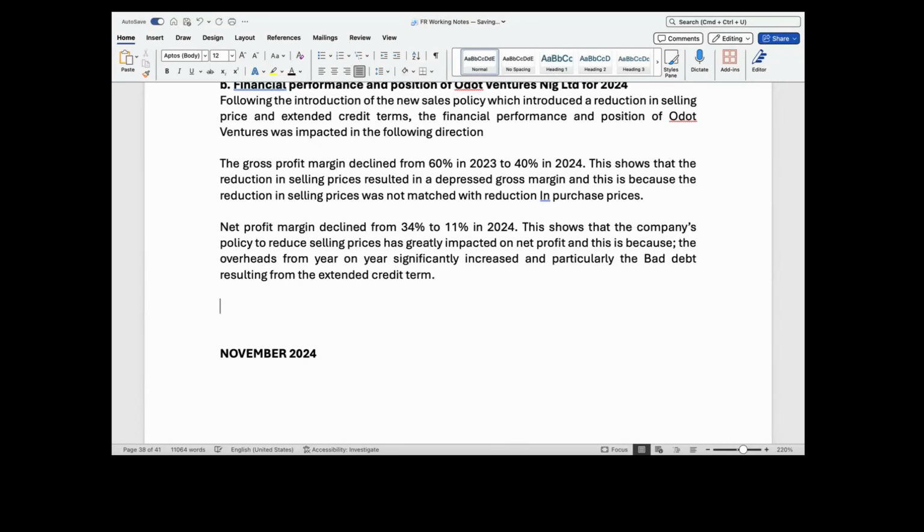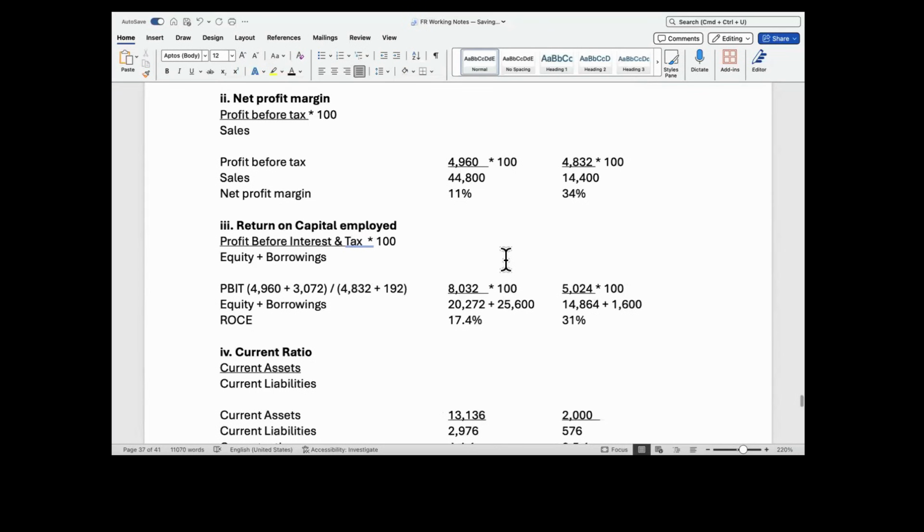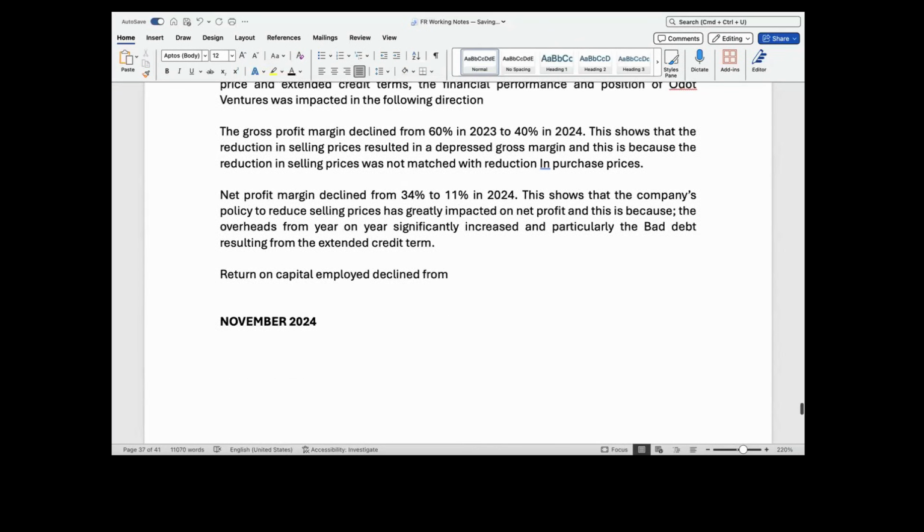So that really affected their net profits, depressing their margin. And finally is the return on capital employed. I'm sure it also declined. Now from what to what? From 31% to 17%, in 2024.